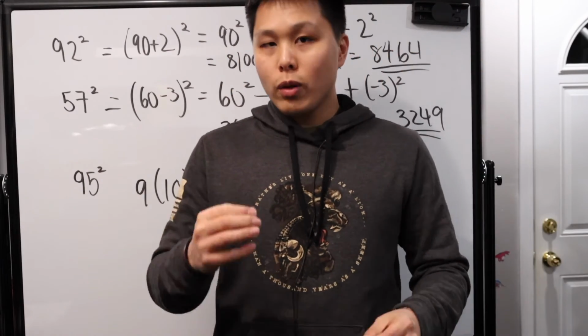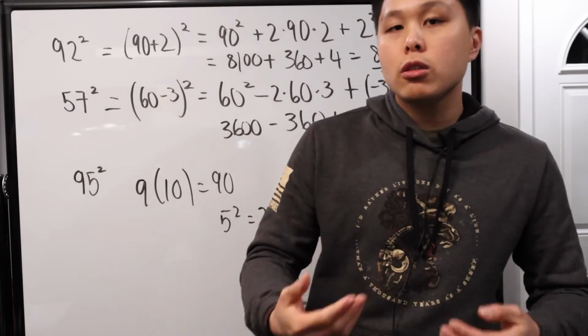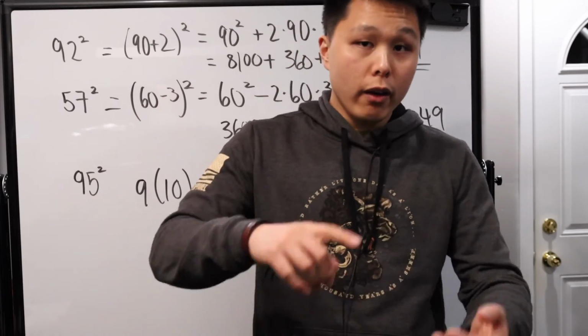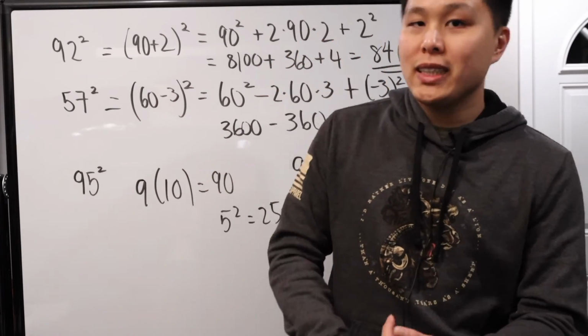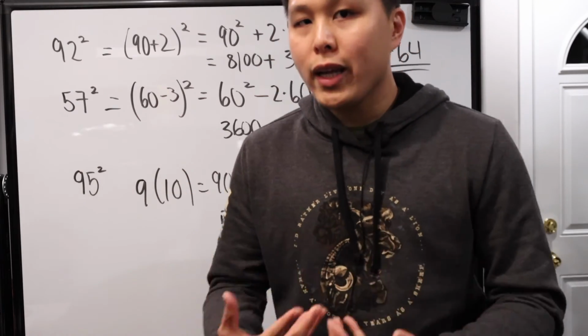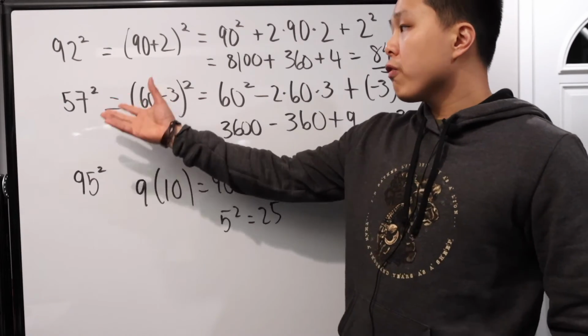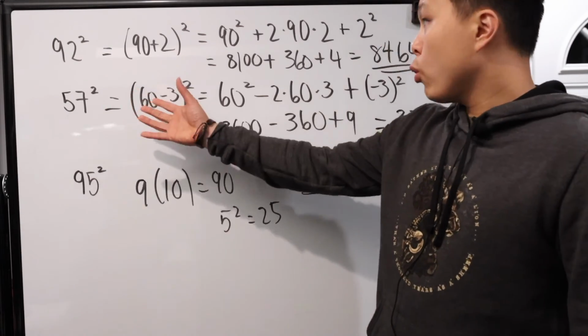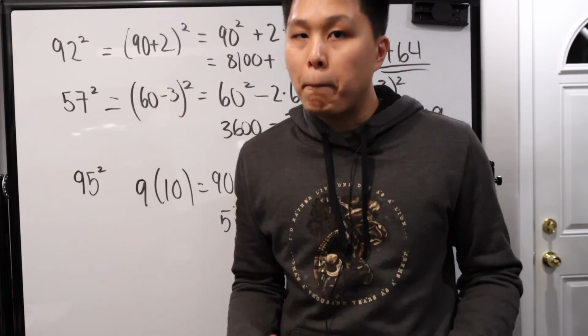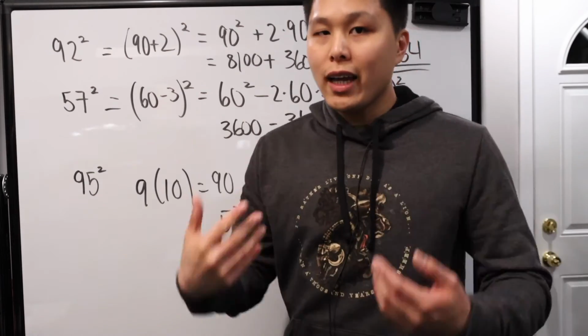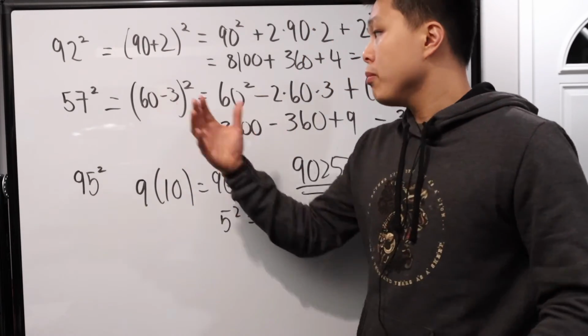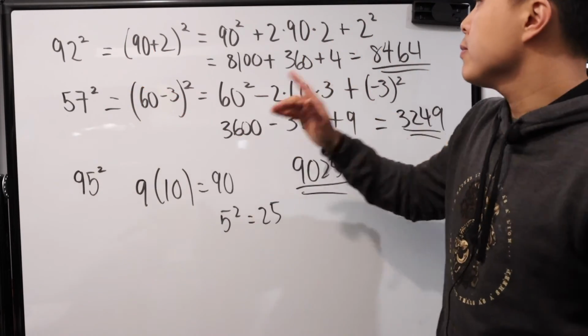Here's the thing. Once again, you still need to be at least somewhat proficient in basic multiplication and basic addition, especially when it gets to the generalized form. And these are fairly simple numbers. Of course, you can generalize it to something even bigger: thousands, 10,000s, 100,000s, millions. It still works, right?